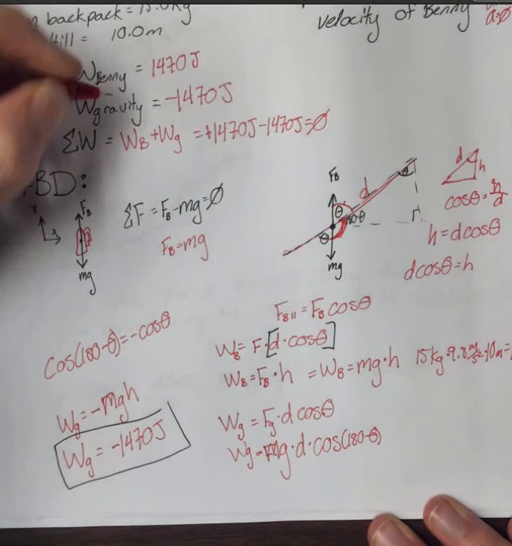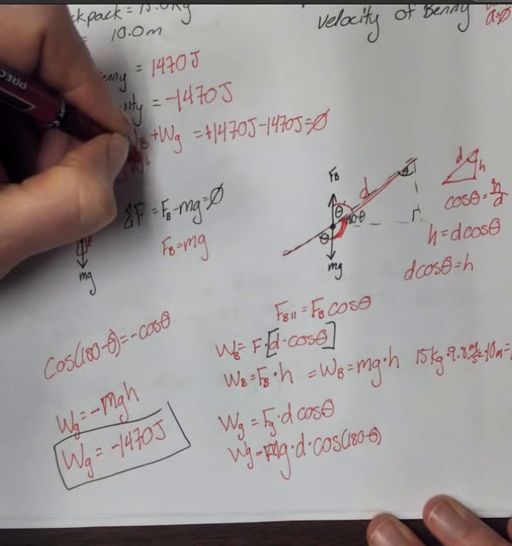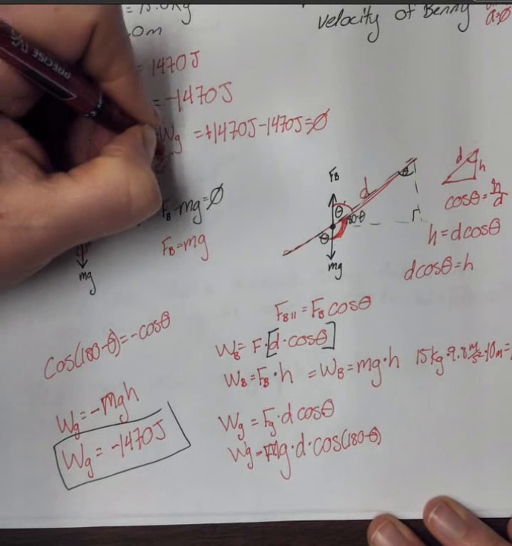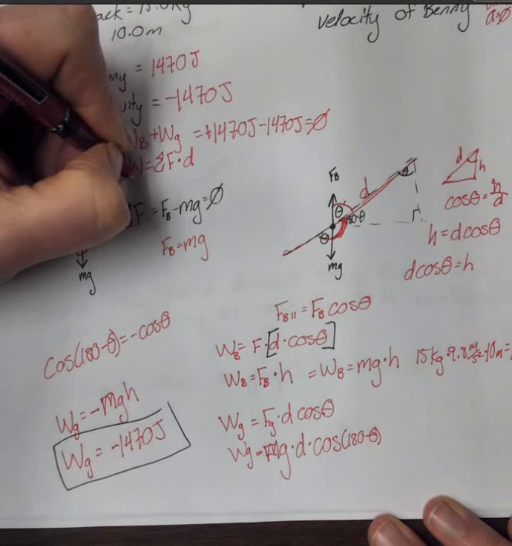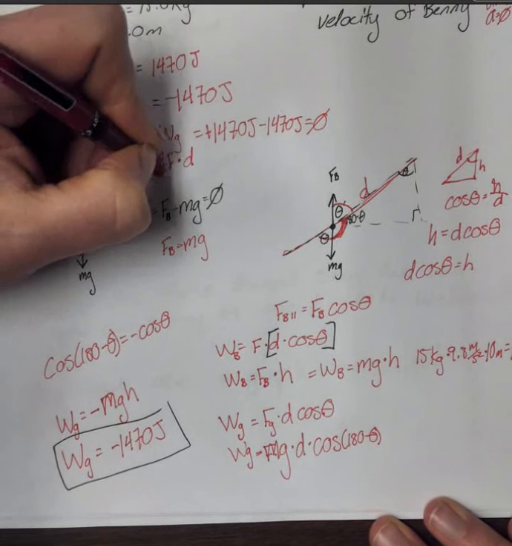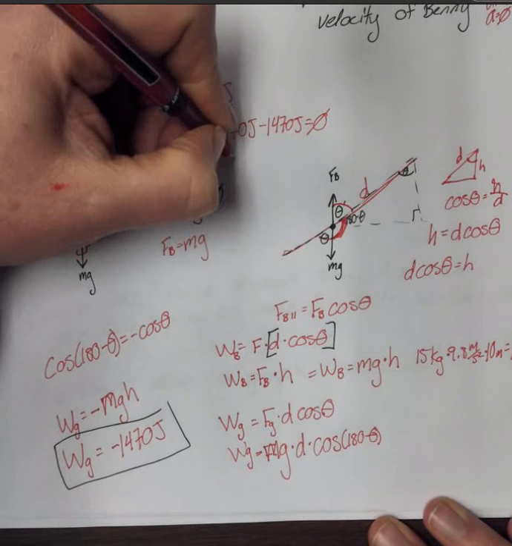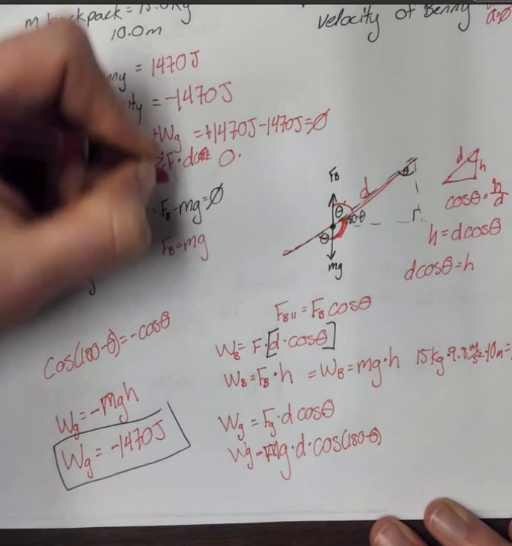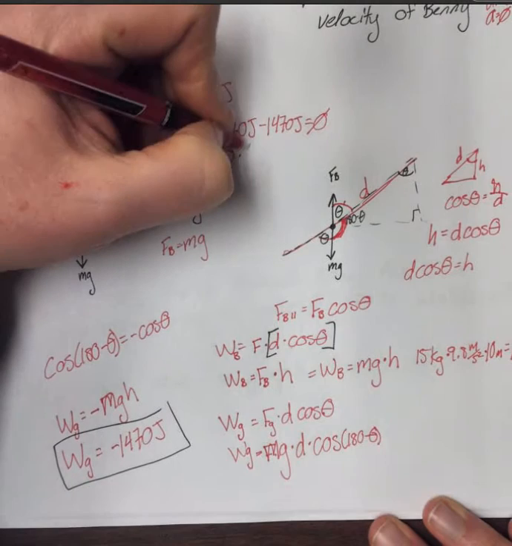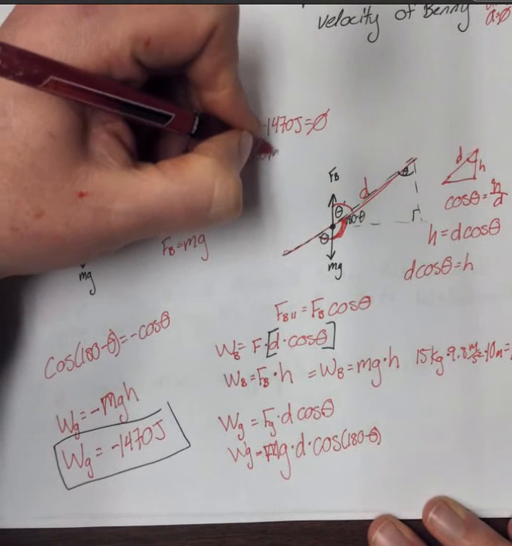Or I could say that the net work is equal to the net force times d. And in that case, the net force equals 0. So it would be 0 times d cosine theta, which we solved for was height. So 0 times 10 meters also equals 0.